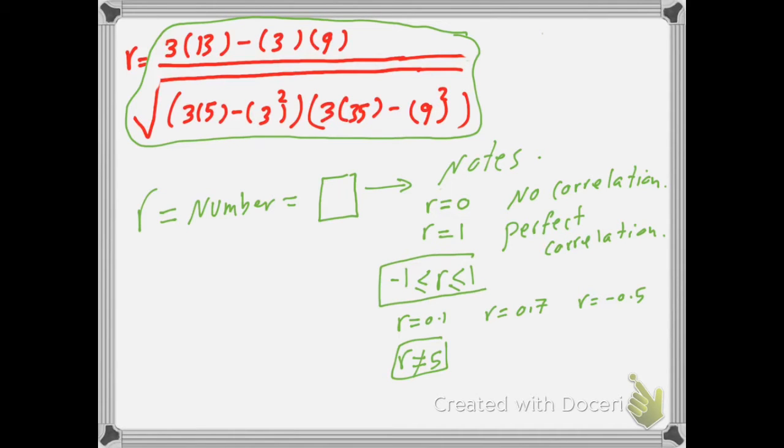Between -1 and 1. Not less than -1 and not more than 1. Any number between -1 and 1 means it's correct. Like if the calculator gives you r equal to 9, that means your solution is wrong, and you should repeat again, because the answer should be between -1 and 1.